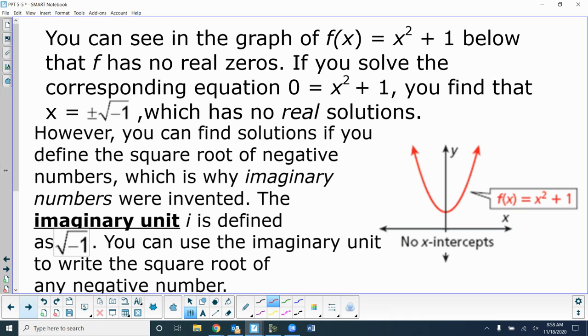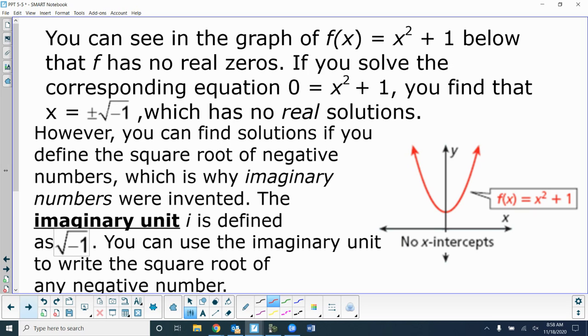It says if you solve the corresponding equation, if you want to get x by itself, you subtract the 1. I don't know why they didn't put it equals 0 there. But subtract the 1, so you get x squared equals negative 1. So when you take the square root of both sides, you get plus or minus the square root of negative 1.